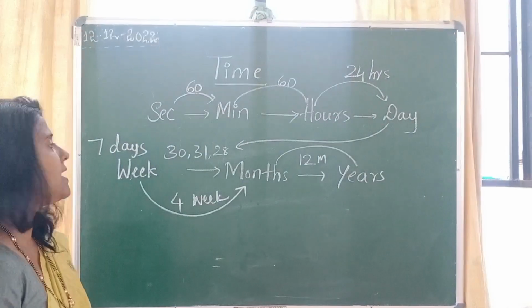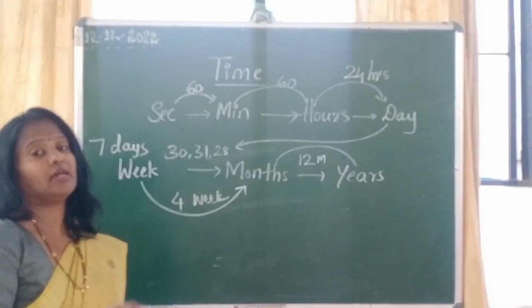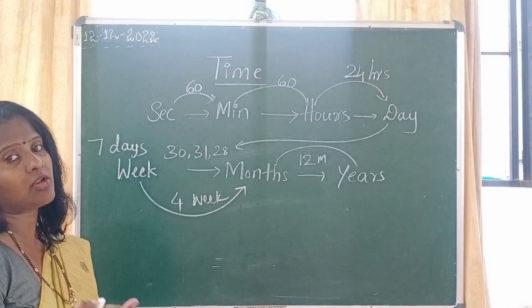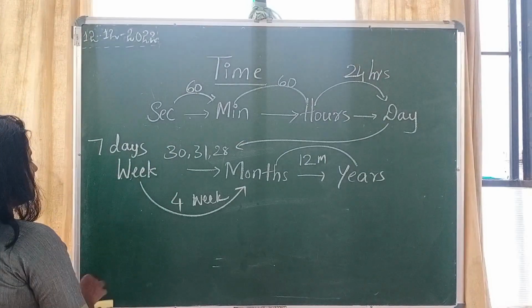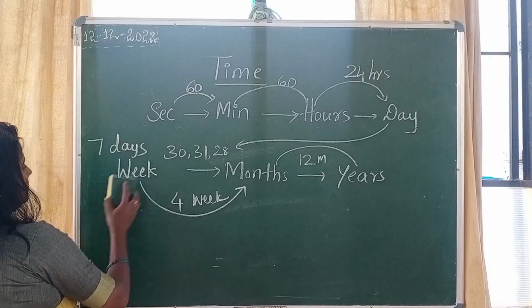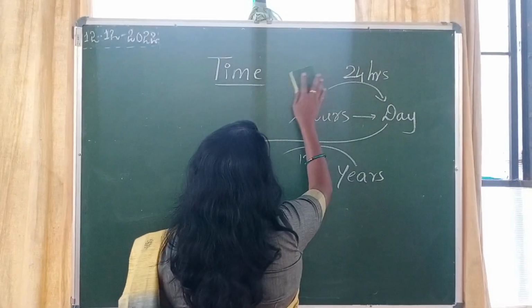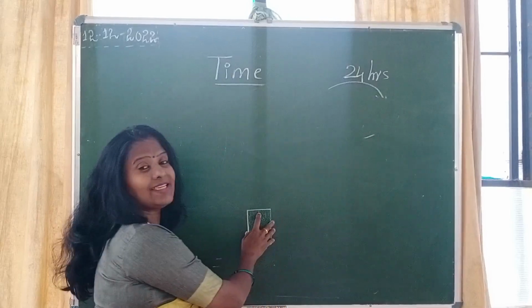Next we will see how to convert minutes to seconds, or seconds to minutes, or minutes to hours, or hours to minutes. That is very important. This is where you are going to get confused. So let me teach in the easiest way.